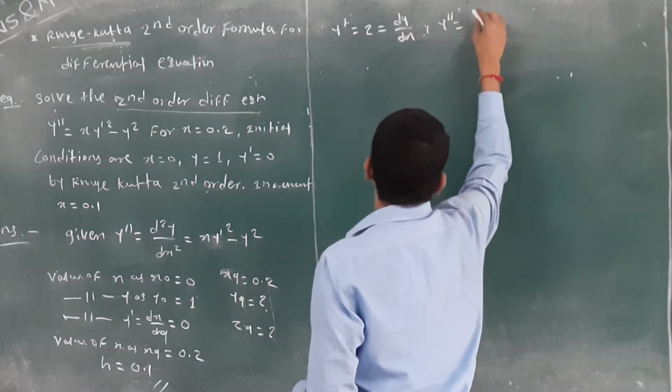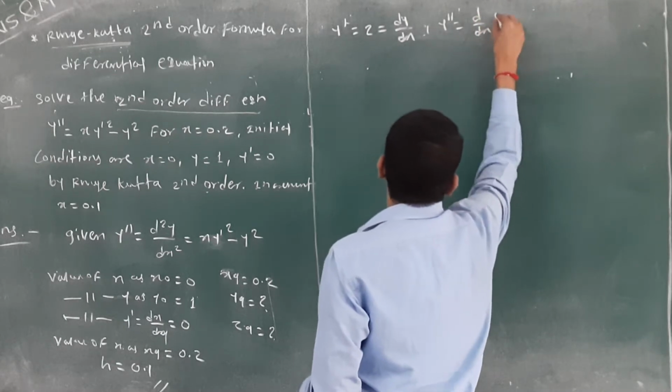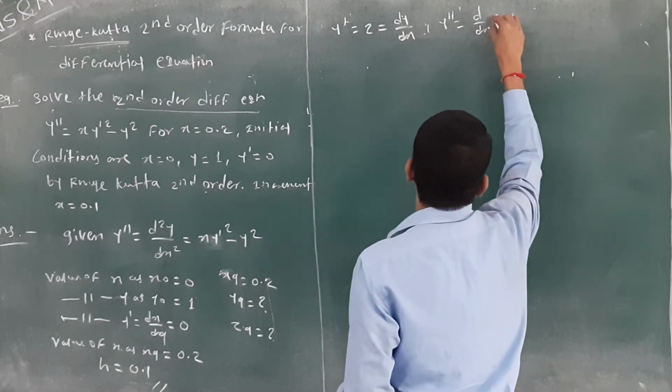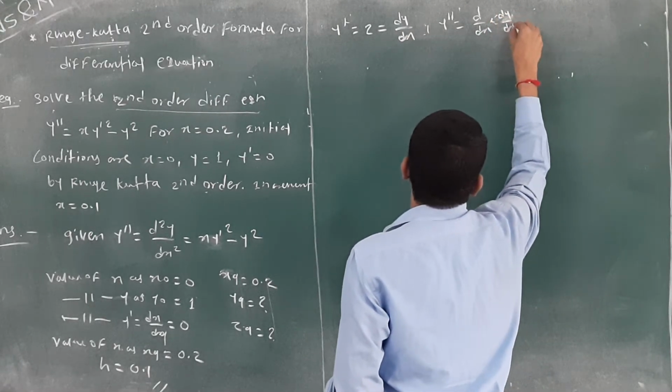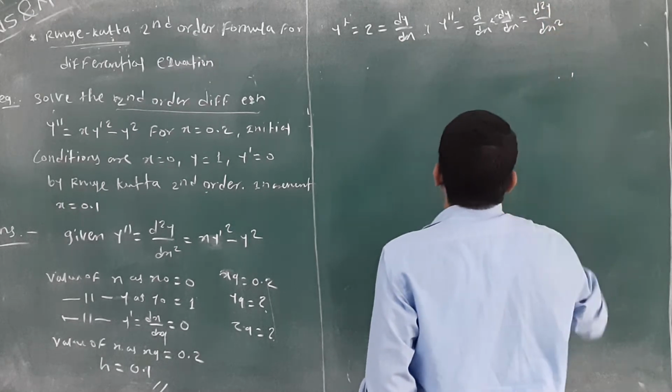Y double dash is equal to d by dx of z, and z is dy by dx, so you get d square y by dx square.